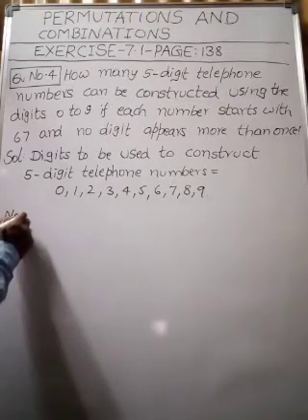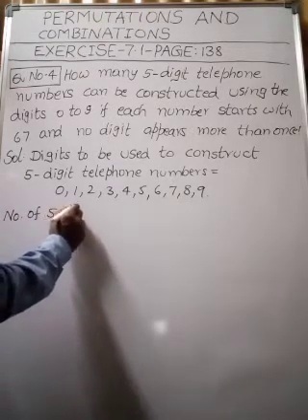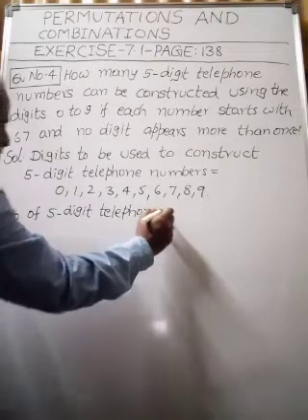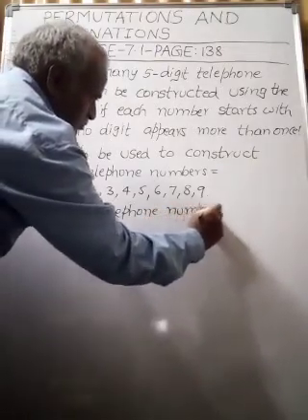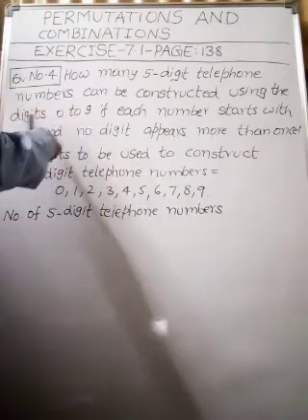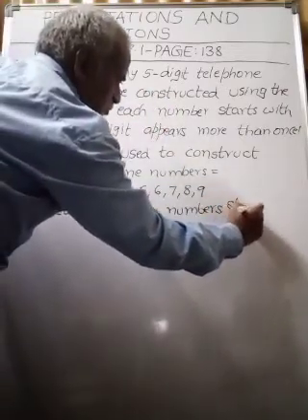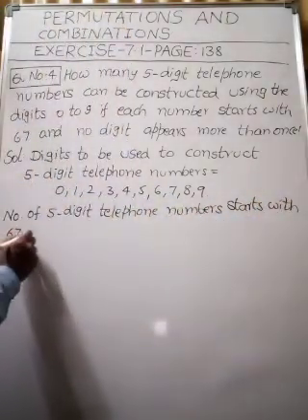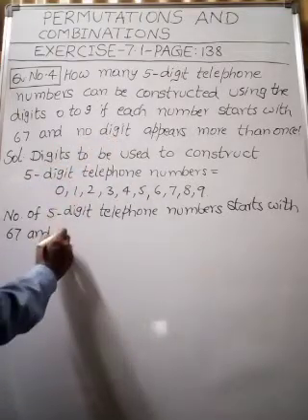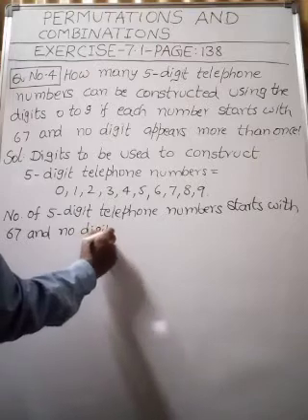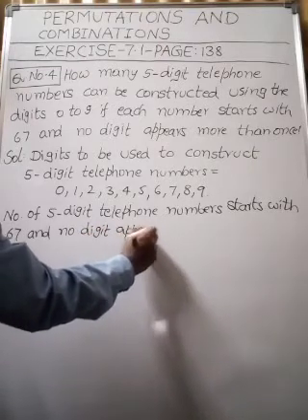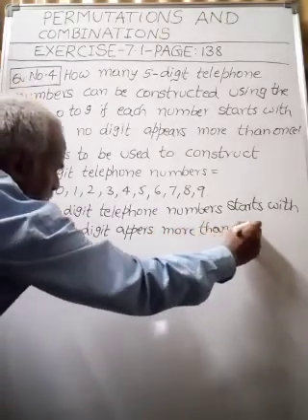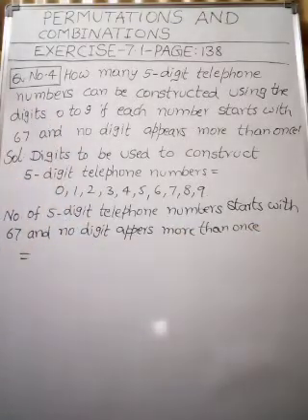Number of 5-digit telephone numbers that start with 67 and no digit appears more than once is equal to... Okay, my children?